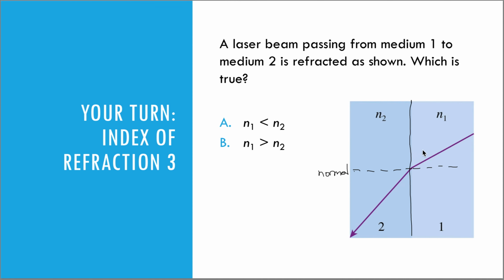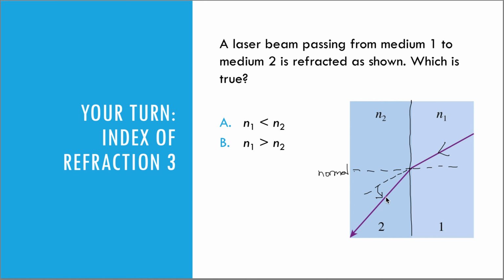And I always like to just pretend that this ray of light is going straight, which it doesn't, but if it were going in a straight line, then you can see that actually it went this way, so instead of going straight, it bent away from the normal, because the normal is over here, it bent away from that line.